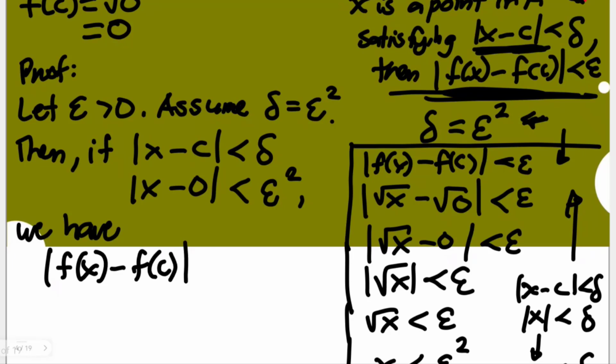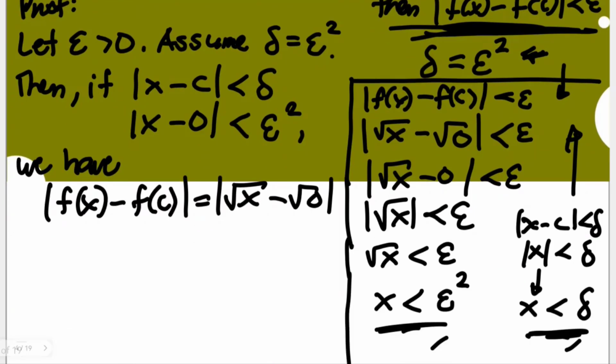Take note that we would like to reach this one here. So this is equal to the absolute value of square root of x minus square root of 0. This is also the other purpose of your scratch work, you will be guided. This is just the absolute value of the square root of x. And with that now, we know that this could be equal to just the square root of x.